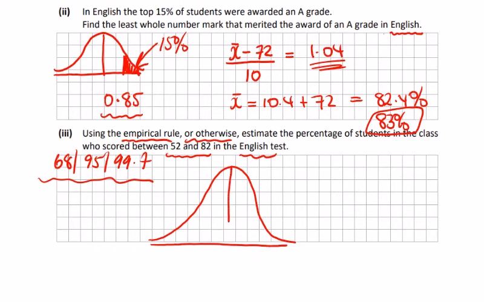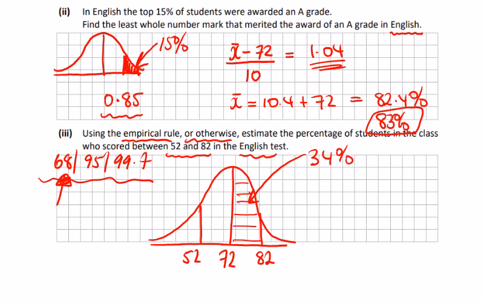Our average in English was 72, straight line, 72. We're testing between 52 and 82. Easy enough. 82 is 1 standard deviation above the mean, and that 68% is 1 standard deviation either side of the mean. So that section is 34%.